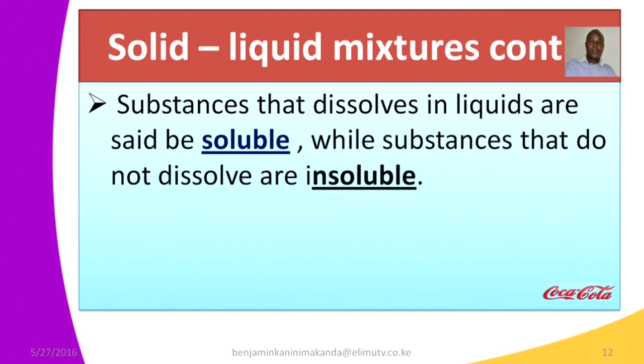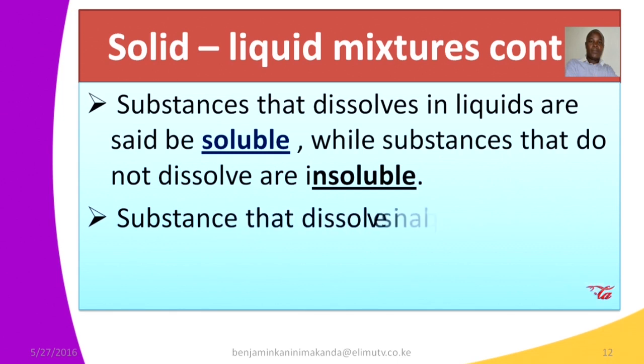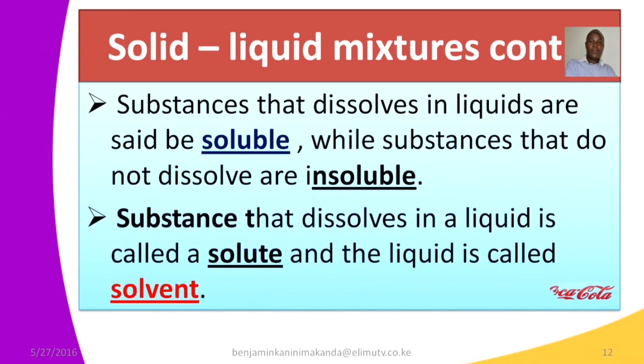Still on the same, a substance that dissolves in a liquid. For example, if you take a substance and you dissolve that substance in a liquid, then that substance that dissolves in a liquid is called a solute. And the liquid is called a solvent. I want to explain here.